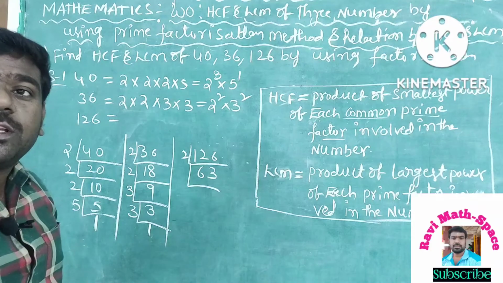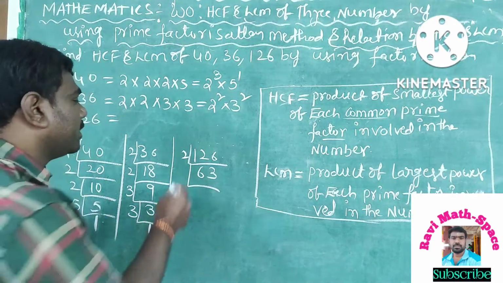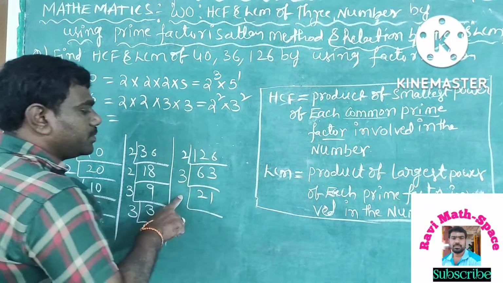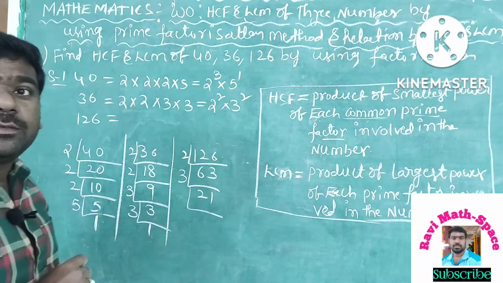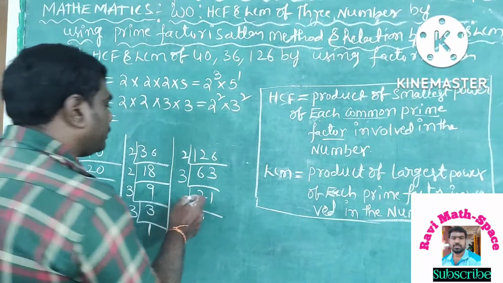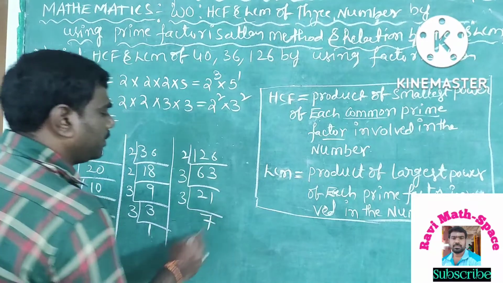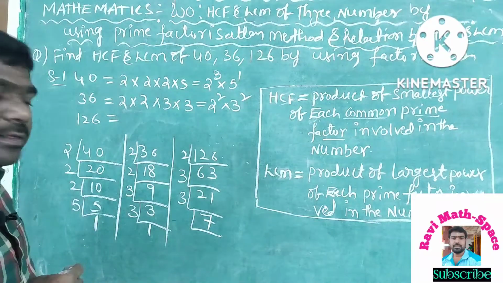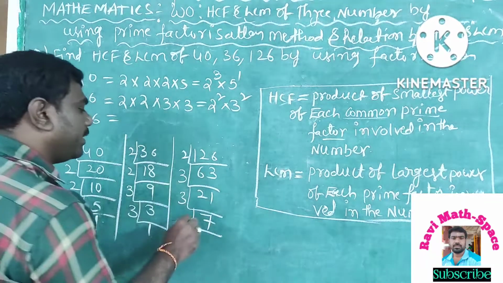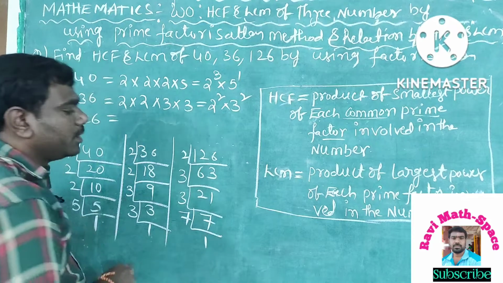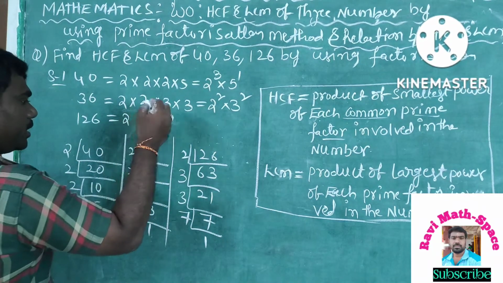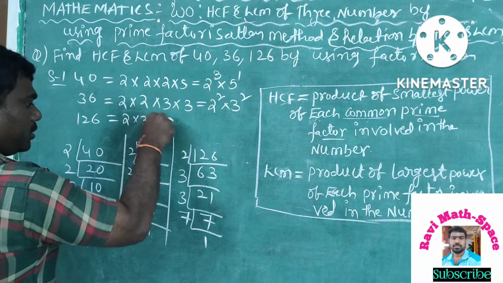Take the next smallest prime number, that is 3. 63 divided by 3 gives 21. 21 is divisible by 3, we get 7. 7 is not divisible by 3. 7 is a prime number, it is divisible by itself. 7 ones are 7. Now the prime factorization of 126 is 2 into 3 into 3 into 7.